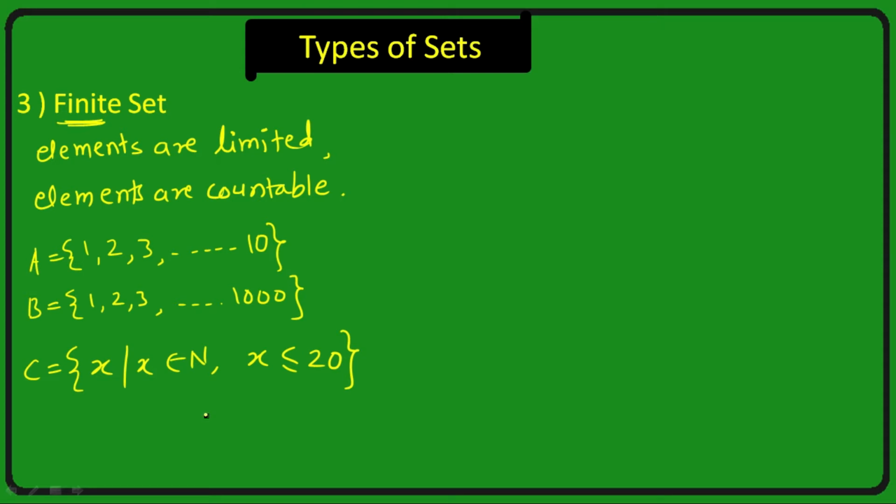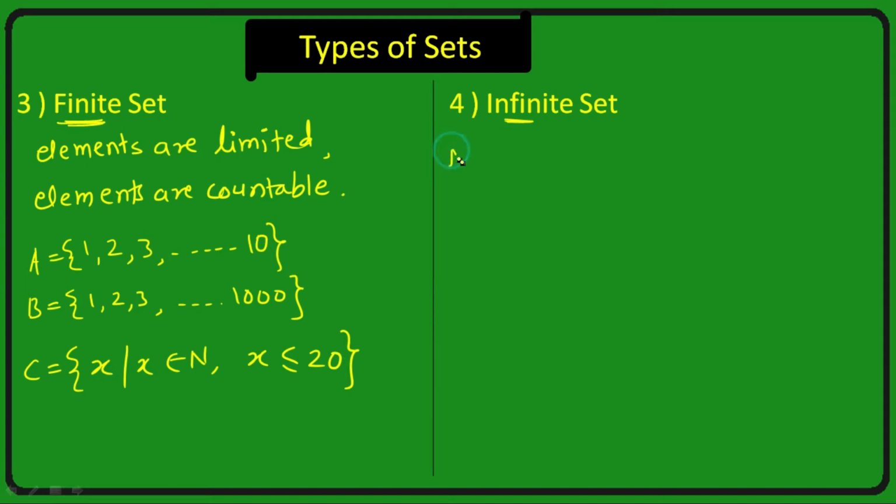Note this. Now the last type of set is an infinite set. According to the name, infinite means if we start counting the elements of the set, then the counting does not come to an end, then that type of set is called an infinite set.